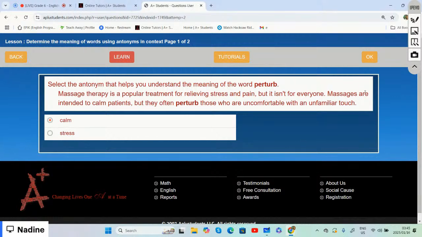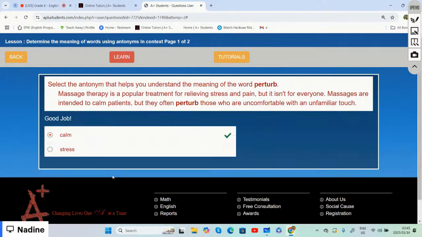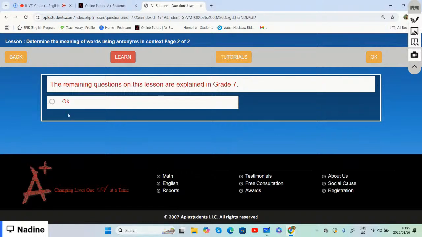And we can say it is, remember it's the opposite, right? So it's the opposite, so it is calm. That is the opposite.